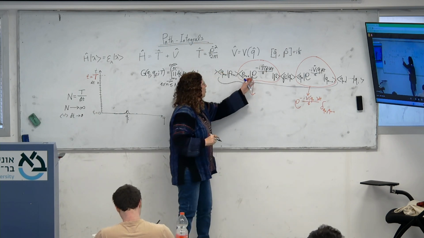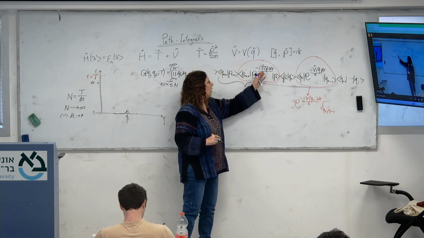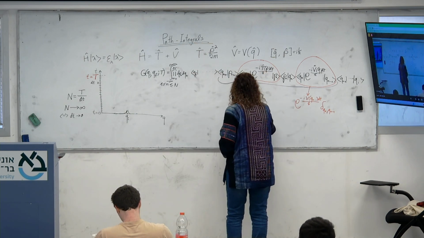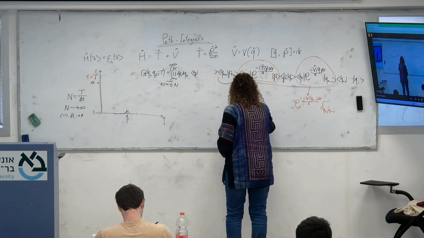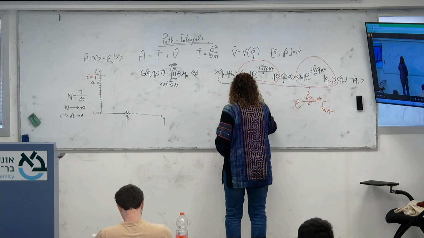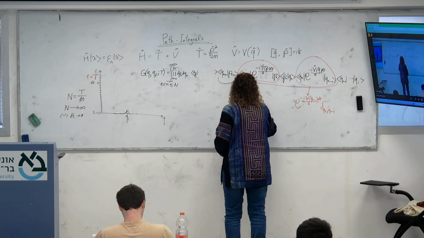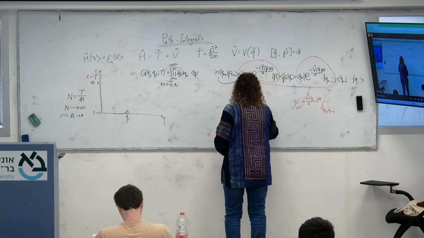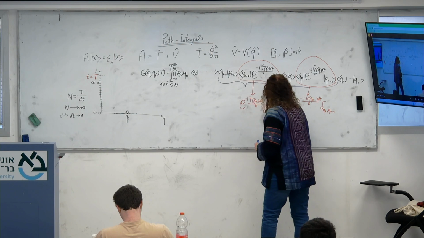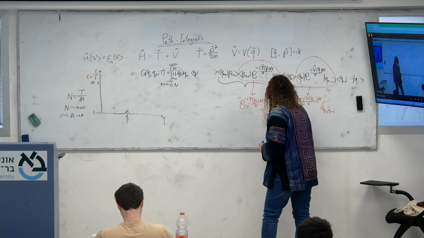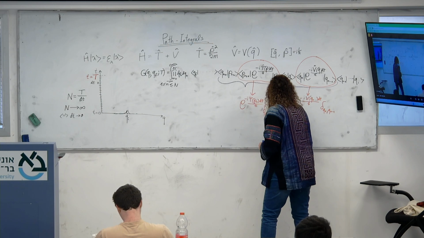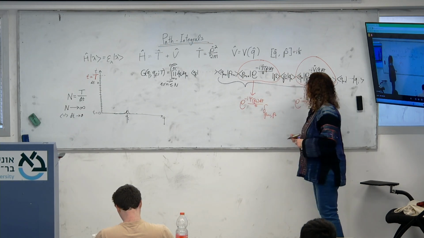Same story, but here there are eigenstates of P. So this is going to be replaced by e to the minus i T of P_n dt over h bar times a delta of P_{n+1} and P_n.